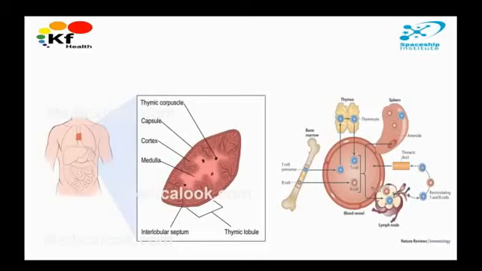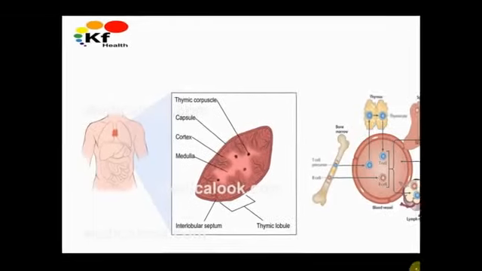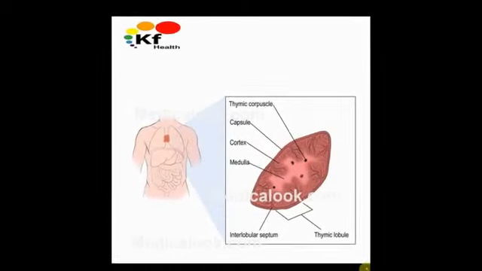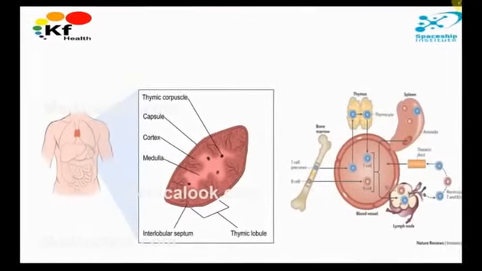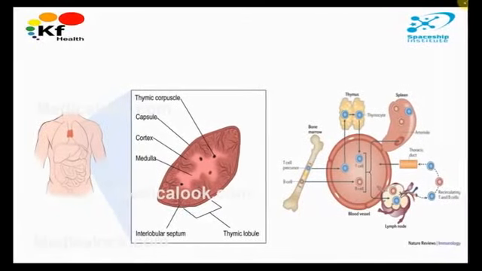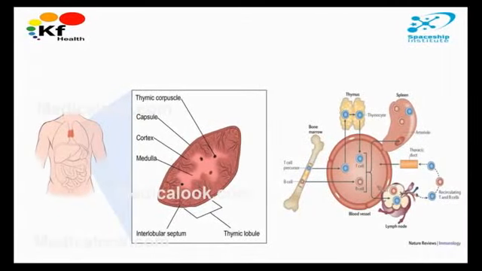In the cross section of the thymus, you see a capsule on the outer side and cortex on the inner side. On the right side of the picture, you see stem cells, progenitor cells from the bone marrow, which mature to some stage and go into the blood, through the circulatory system, and reach the thymus.